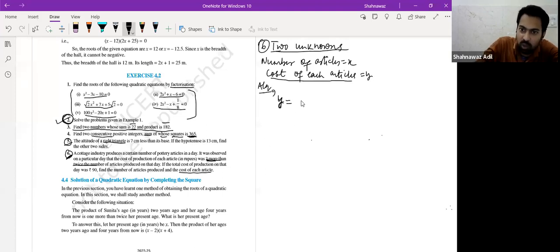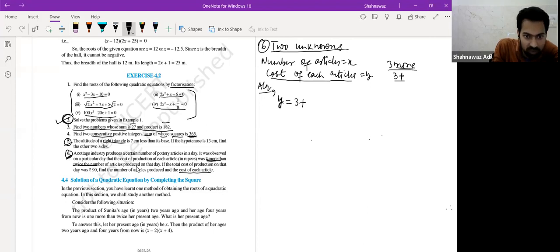So how can we write 3 more? 3 more means 3 plus, right, Adil? So 3 plus, and now let us look into the other information.